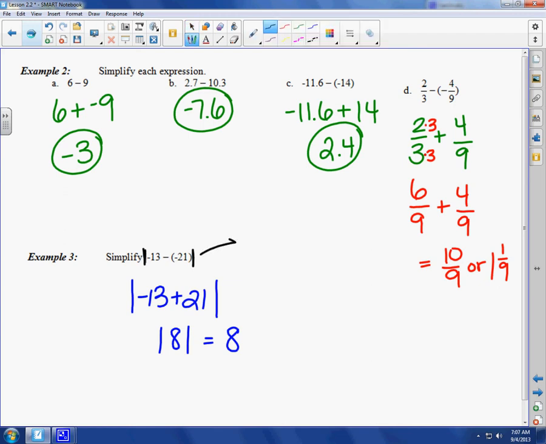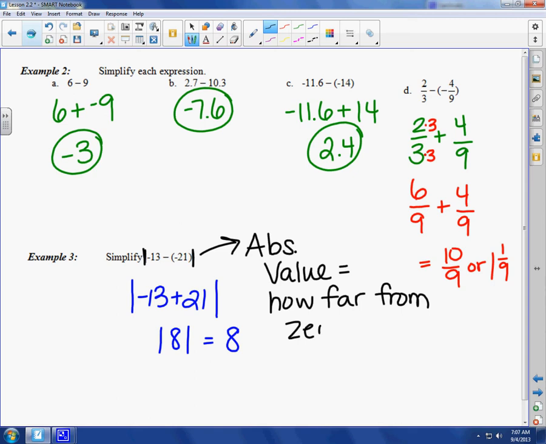Let's put that in our notes. Absolute value, how far from 0 on a number line. So if this was -8, the absolute value would still be 8 because that's 8 units from 0 on a number line.